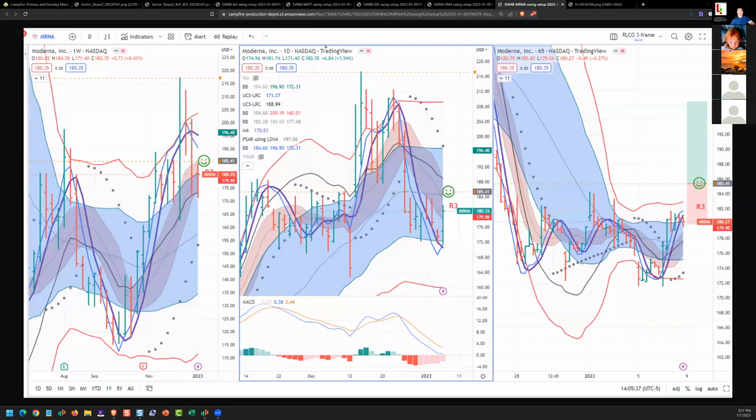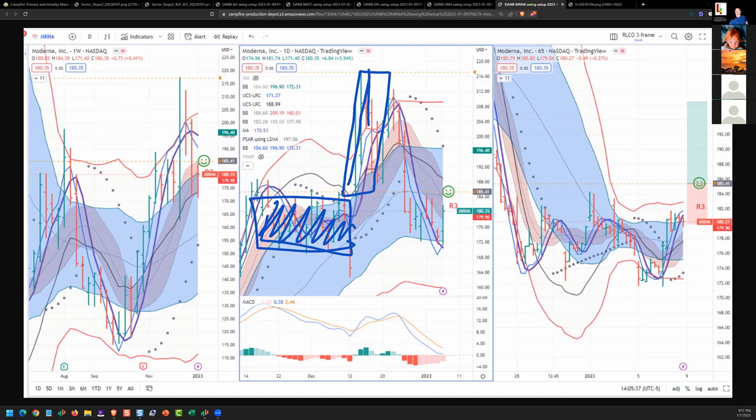All right, next one, mRNA, Moderna. So here's one that, if we looked at that as the trading range on the daily, and then that's the surge to the upside for the optimists, and then they sold it all the way back down.